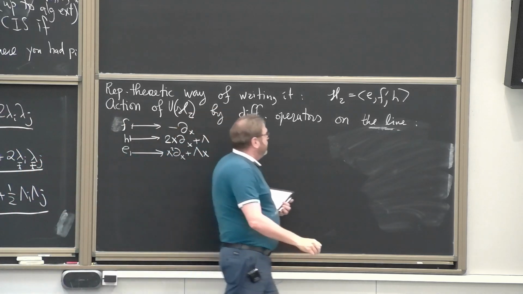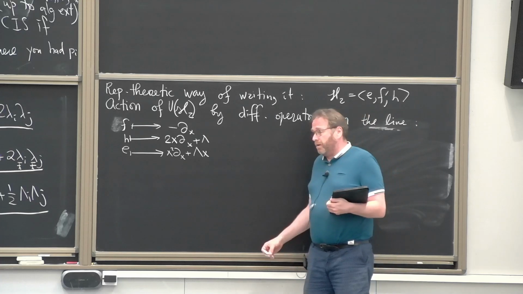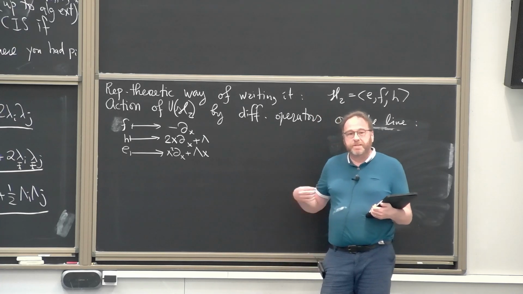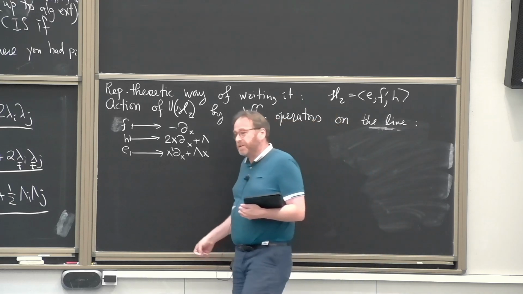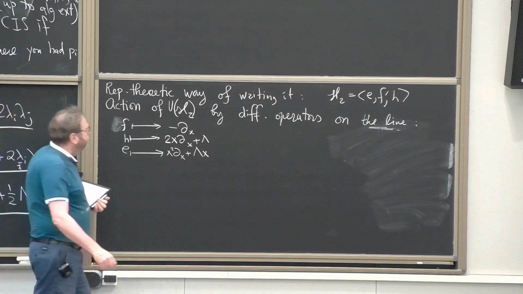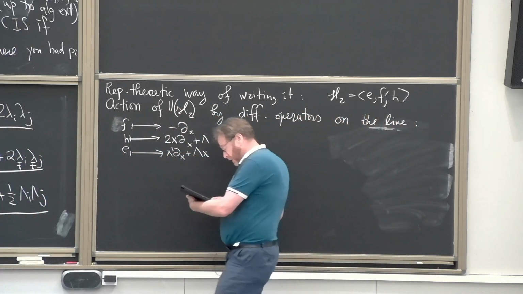So this is actually an action on the line, but it extends to an action on the projective line, except that then it maps to twisted differential operators, which act on sections of some lambda's power of the bundle O(1), if lambda is an integer.